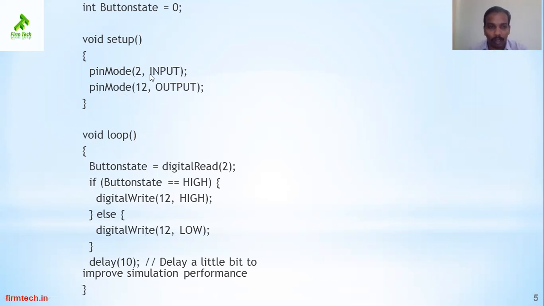Today we have one more thing, so that is pin 2 as input. And in the loop we are reading that pin, that is in the variable name button state or switch state, and then we are comparing if that button state equal to high. There in the block we will be using only one equal to, but when we are writing a program, for comparison, we should use 2 equal to. That is the comparison operator.